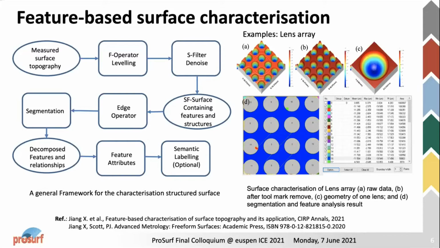Also more detailed information can be calculated and summarized in the table. More detailed information can be found in the CIRP keynote paper this year, and also a book by Professor Zhen Tong and Paul Scott, which are available online as well.